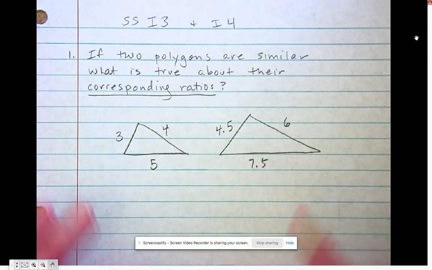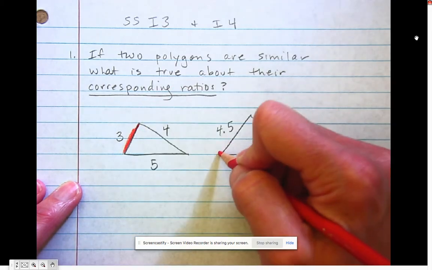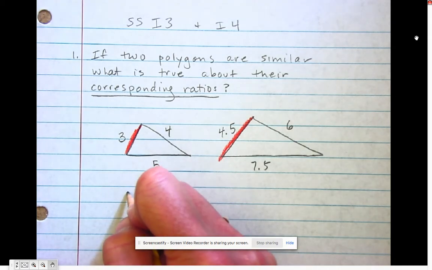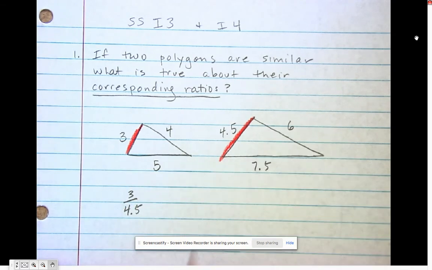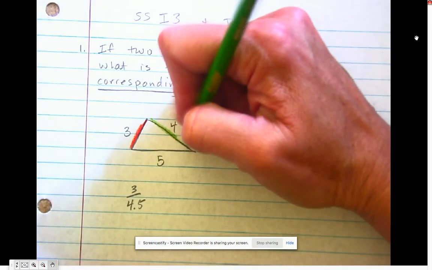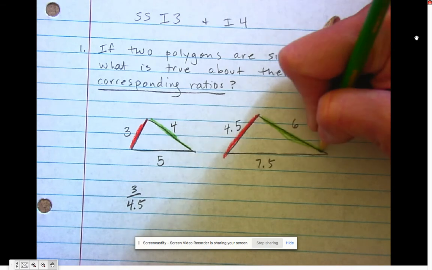Okay, so corresponding ratios. So like, let's take this side and this side. So we're going to first write the ratio of those two corresponding sides. So that would be 3 to 4.5. Okay, so just a ratio of the two parts that go together. And let's compare that to this corresponding side with this corresponding side.